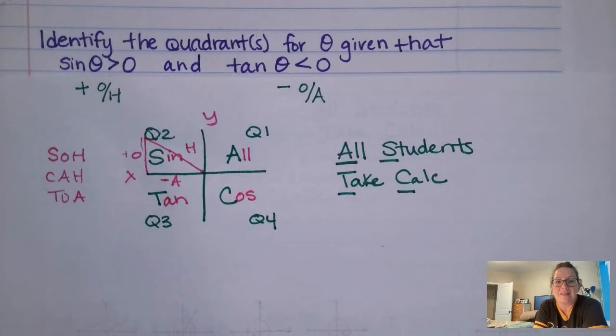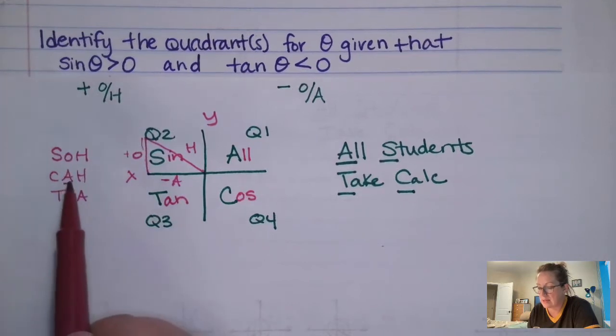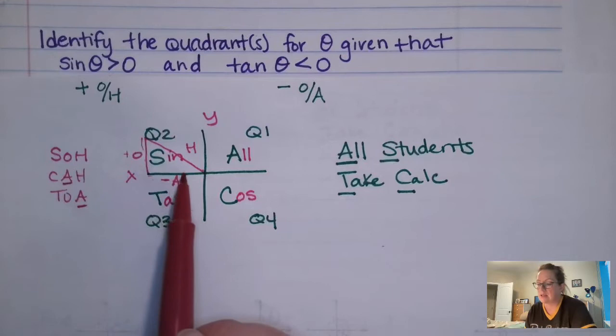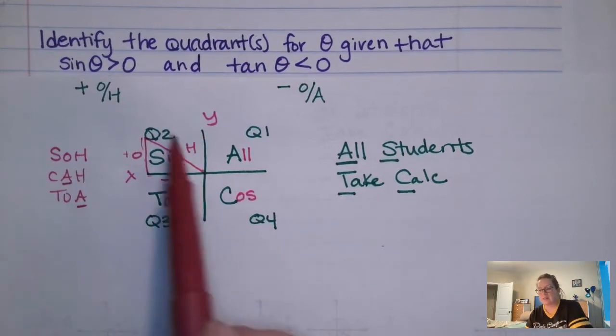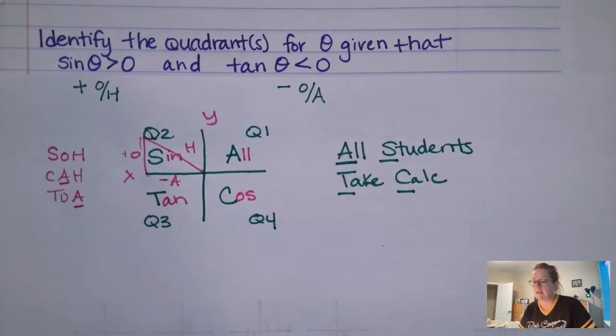So it makes sense that only sine is going to be positive in this quadrant, because cosine has an A and tangent has an A. So negative A is going to be affecting the triangle in this quadrant. The only ratio that works is sine. Sine will stay positive, okay?